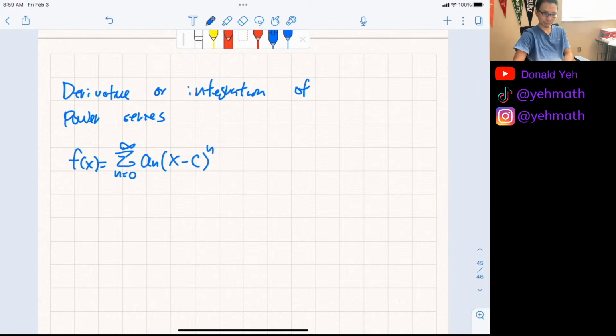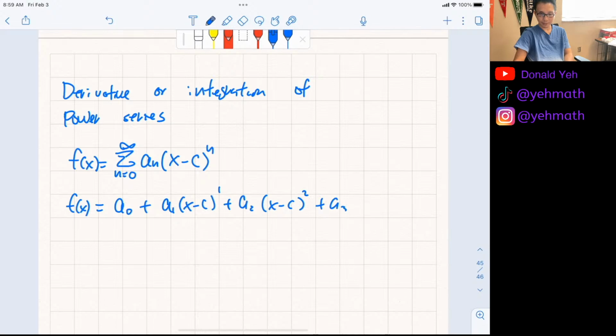If I write out the series, f of x equals a0 plus a1 times x minus c to the first power plus a2 times x minus c to the second power plus a3 times x minus c to the third power. And of course, I keep on going.